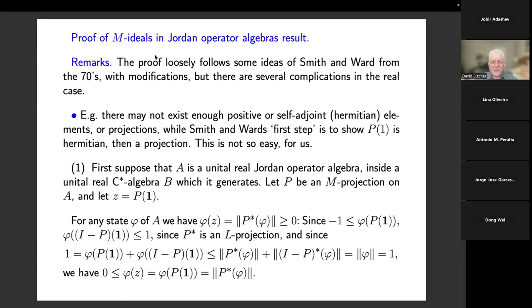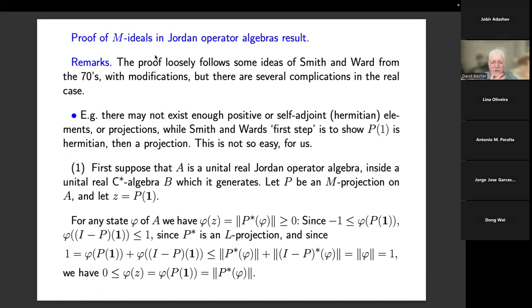But also, I think this proof is very interesting because it shows in a very interesting way how to adapt some of the complex techniques, in this case some ideas of Smith and Ward from the 1970s, how to modify them and then overcome some of the complications that arise in the real case.